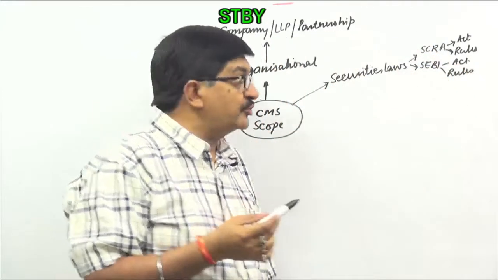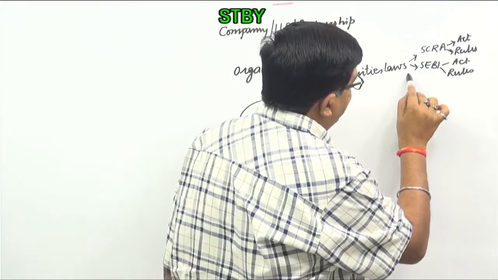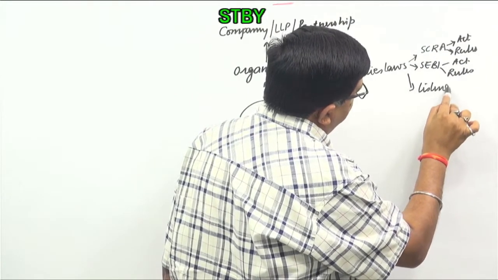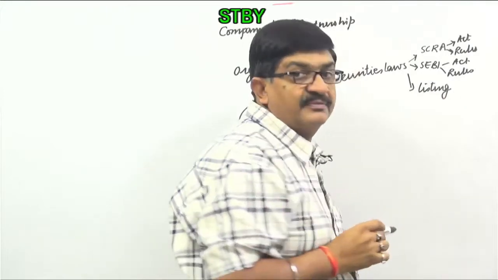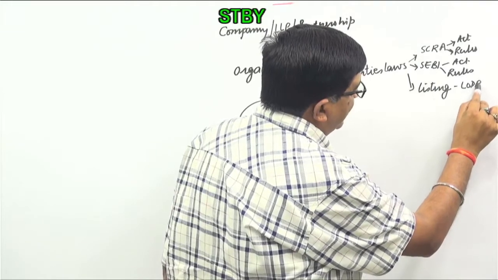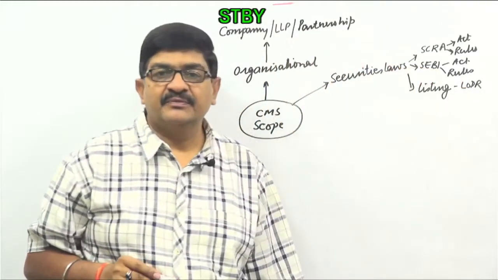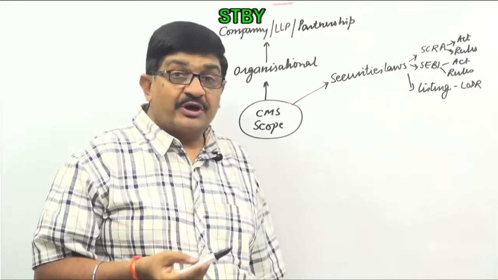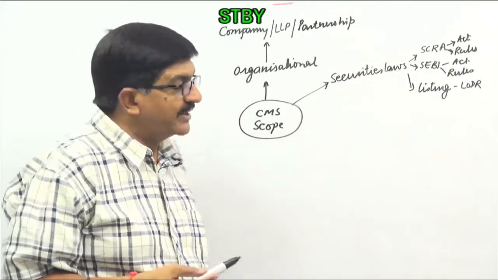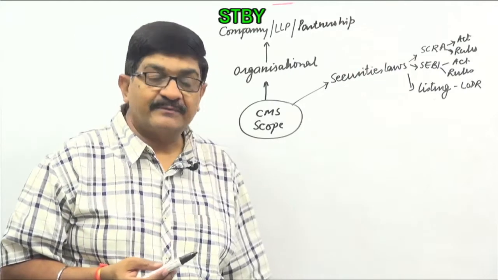In addition to that, there are specific requirements related to listing, right? Say for example LODR, one of the most complicated things to understand, right? So security law, this is a small list of the laws which are in relation to securities.